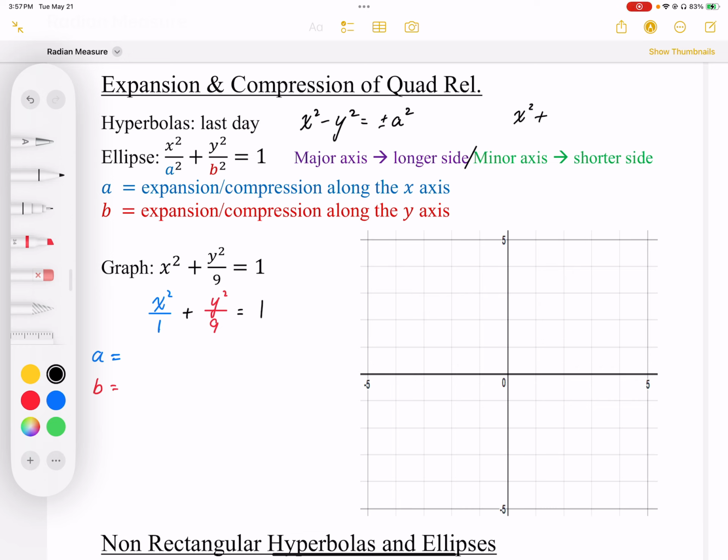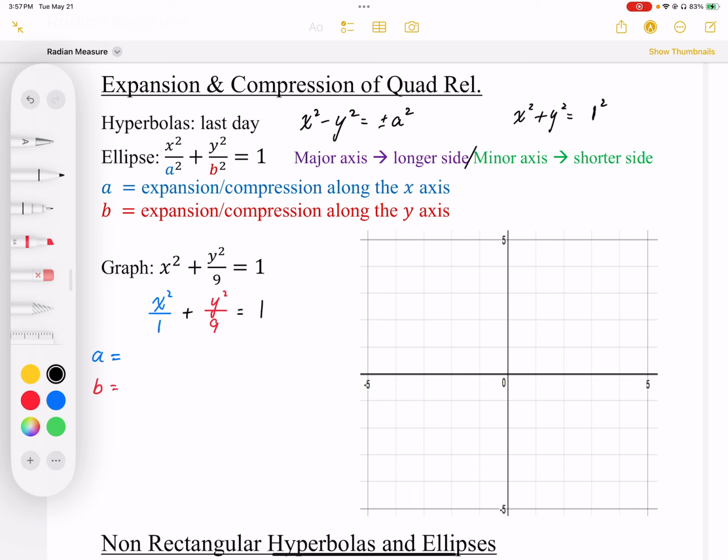So x squared plus y squared equals r squared. And when we compress and expand this circle, in fact, if we start with the unit circle, we have the a value being a horizontal expansion compression factor, and the b value being the vertical expansion compression factor.